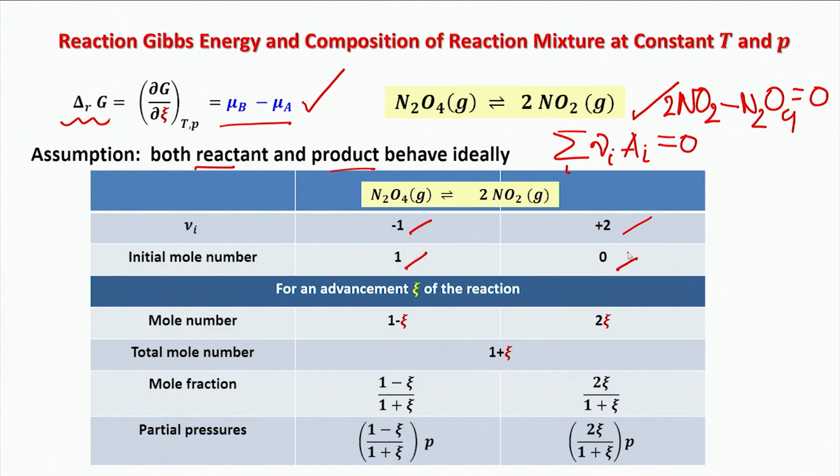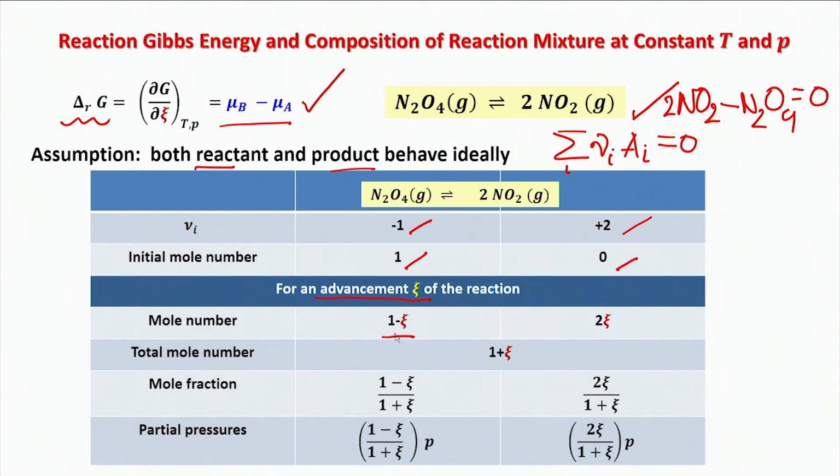Now you allow the system to react at a given temperature and pressure. And at some stage ξ, where the advancement is denoted by ξ, what is going to be the mole number for N2O4? That is going to be 1 minus ξ.